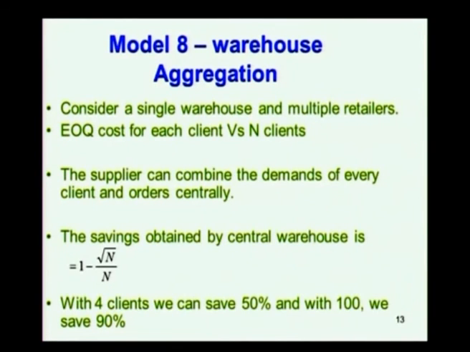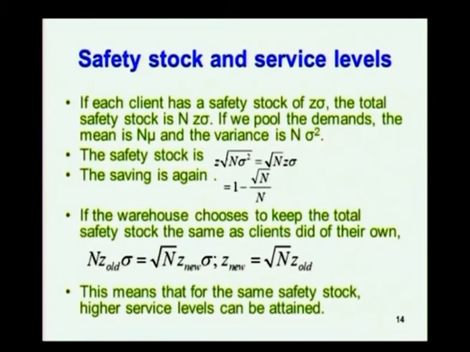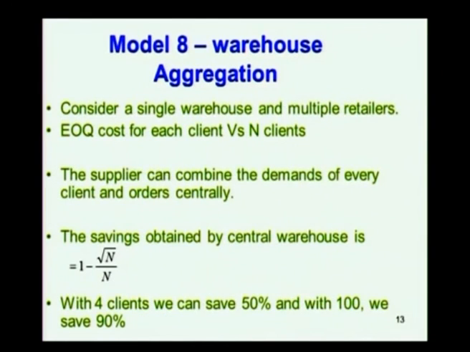Now we will look at a couple of more aspects, which are called warehouse aggregation and safety stock and service levels in this. Now what exactly do we mean by warehouse aggregation? Now when we look at a model like this, when we look at all our location and allocation models, let us see this.